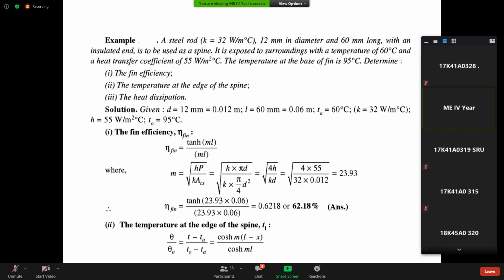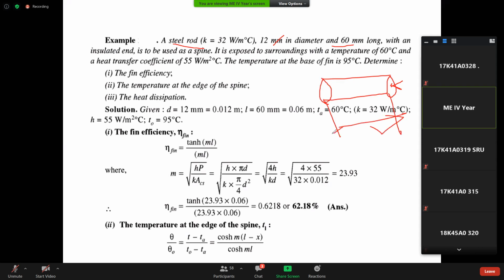Now, this problem is related to fin efficiency, because I want to cover all the models, right? We have a steel rod, 12 mm in diameter and 60 mm in length. This is a rod, and this diameter is 12 mm, and this length is given as 60 mm, with the end insulated.